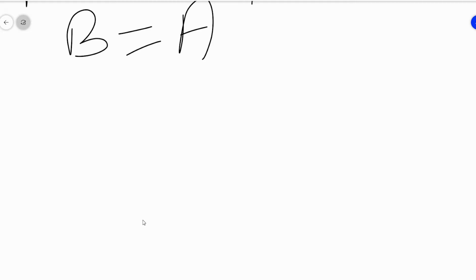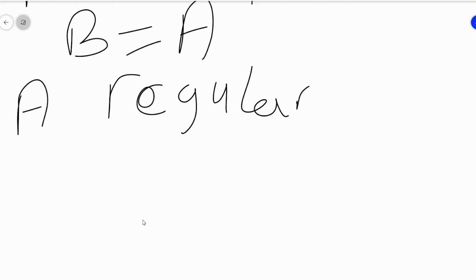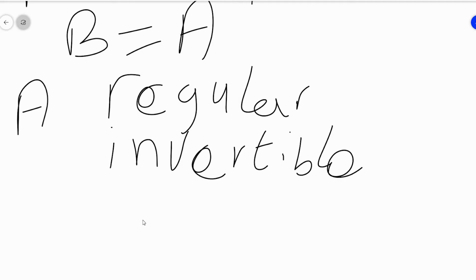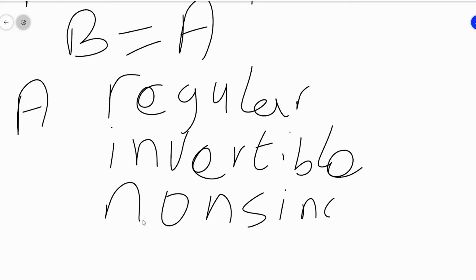So we call A regular, or invertible, or non-singular, when A has an inverse.